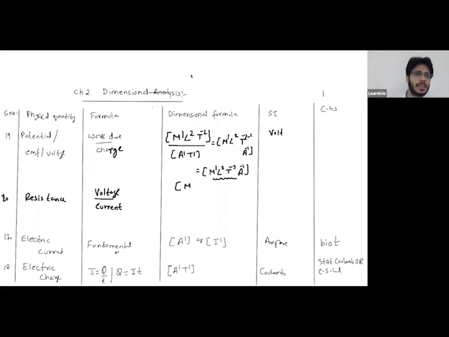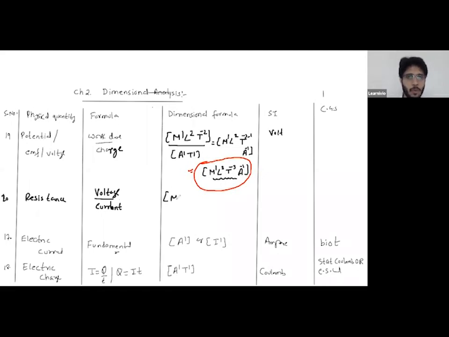This is potential, na Janvi. This one is potential. M1 L square T minus 3 A minus 1. This is dimensional formula of potential, which is work done by charge. Resistance is the ratio of voltage and current.